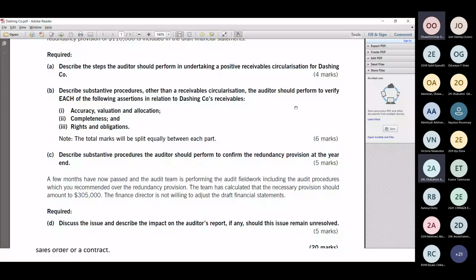So my question is, if you don't know, for example, what we just said, review the disclosure of redundancy provisions to ensure compliance with, and you don't know the standard, do you still get the points, or get like a half mark?